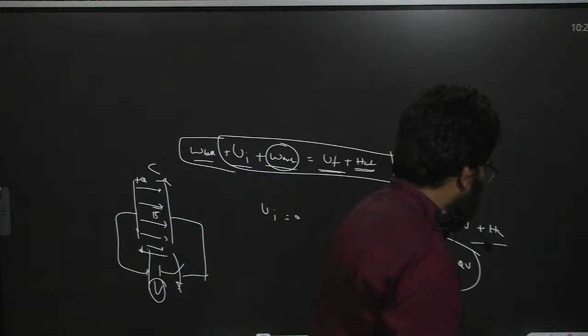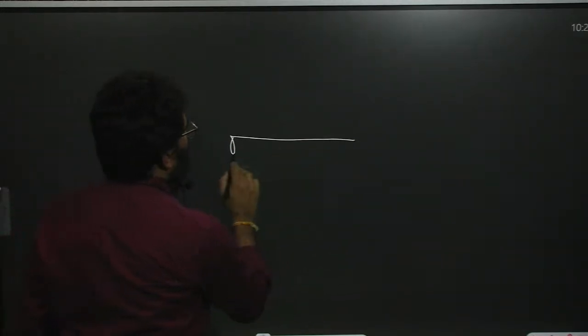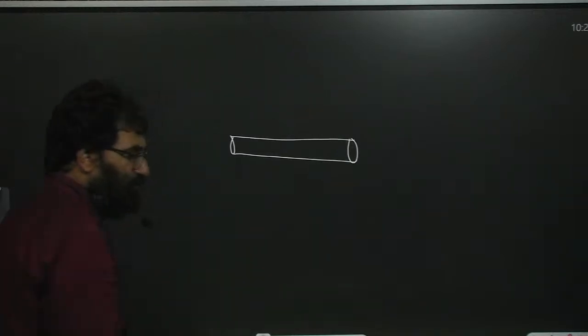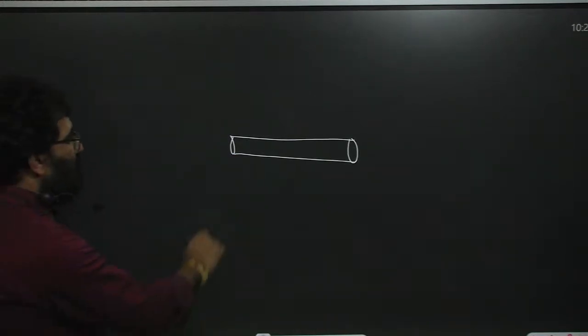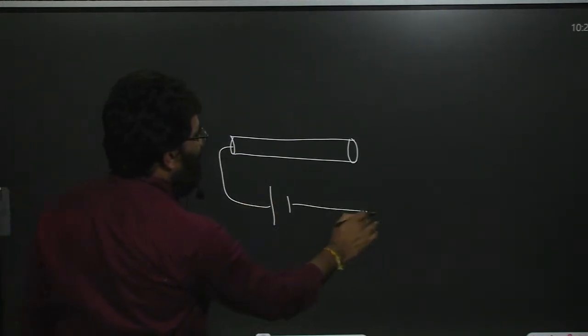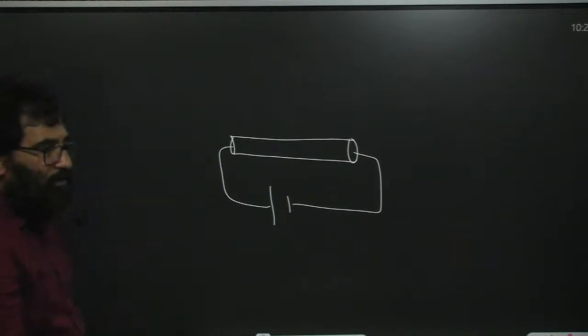Keep this one. Now coming to current electricity. Current electricity, you take a conductor, means equipotential surface, but in electrostatic equilibrium. Now when we apply some potential difference, the conductor is not in equilibrium inside, and electric field exists. Why?